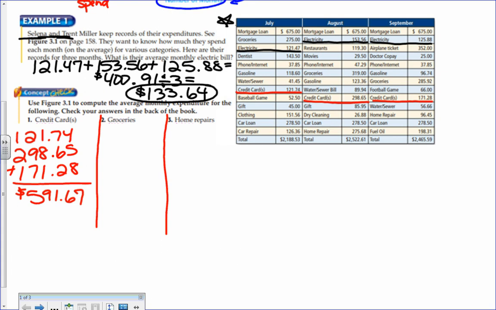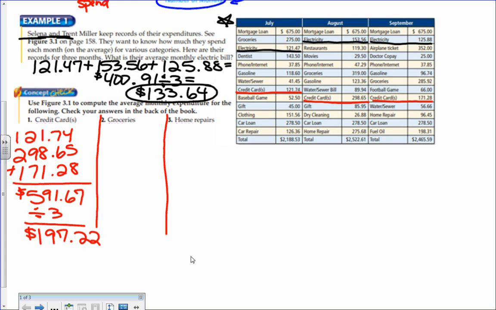All right, so then we find the average. So we divide by 3. Keep it right in your calculator. So the average monthly expenditure for credit cards is $197.22 because it's 0.223. So because it's 4 or below, it stays at the 2.